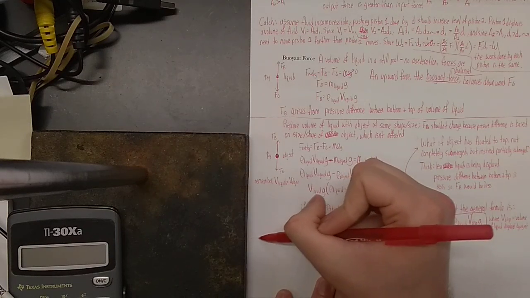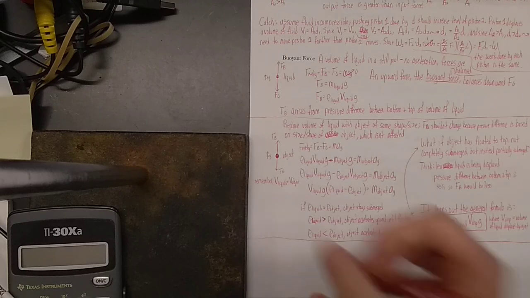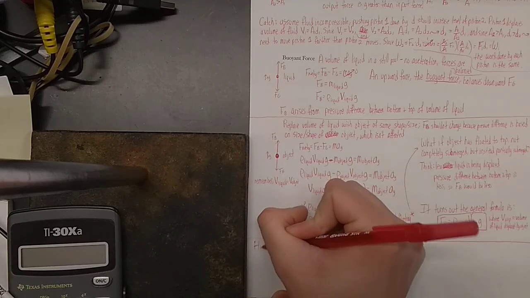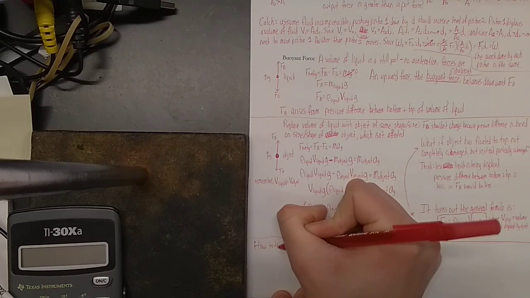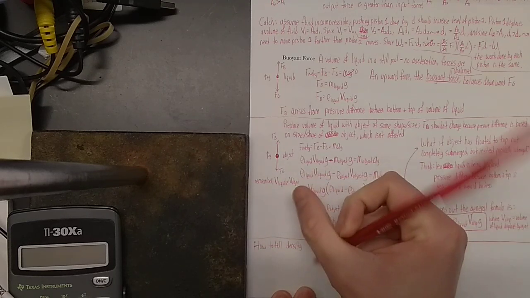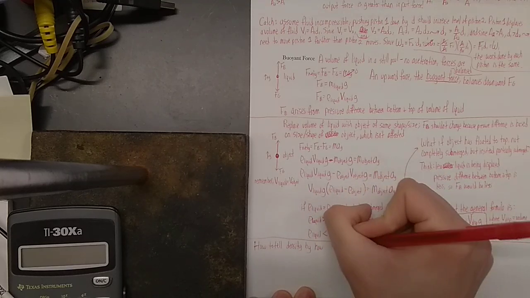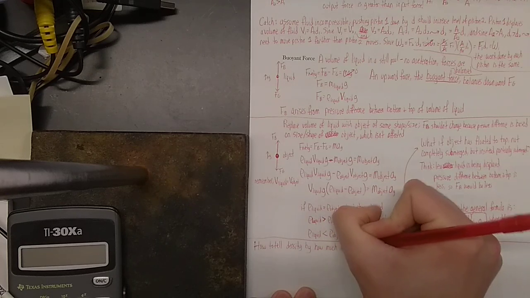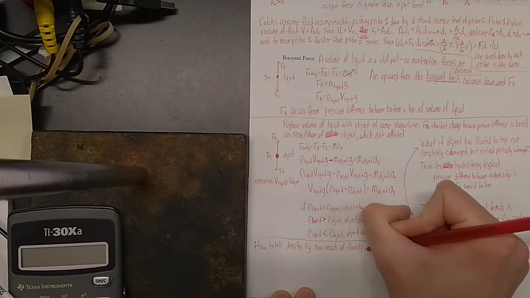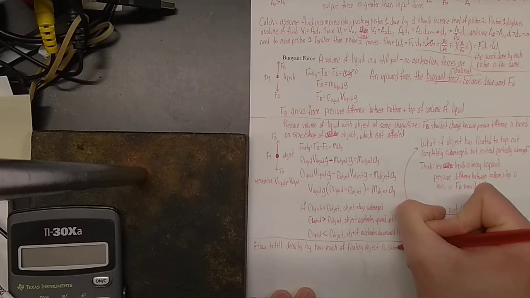I've got one more little example to show you with this, and I think it's kind of a neat one. It has to do with how to tell the density by how much of a floating object is submerged.